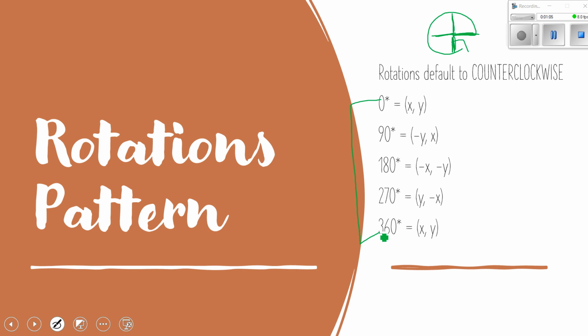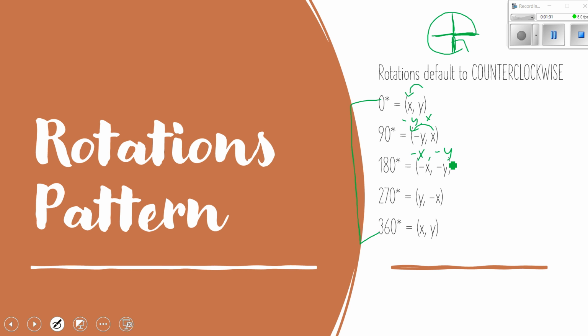Now this pattern is a little tricky at first, but there is a trick to remember it. If you start at 0, label it x y, and you move the back one, the y, to the front, and you change the sign, it becomes negative y, x. If you do the same thing for 90, you move the back one to the front and change the sign, positive x will turn into negative x, and negative y goes there.